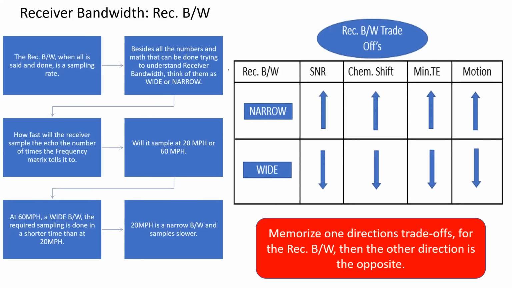Your chemical shift is going to go down with a wide bandwidth. Minimum TE is going to go down or minimize with a wide bandwidth. And in actuality, motion is going to decrease just a little bit, although I wouldn't use this. I wouldn't widen my bandwidth to try to decrease motion, but because the TE is shorter, motion will be minimized just a little bit, not a lot. Okay. So memorize one of these directions and then know that the opposite is true.